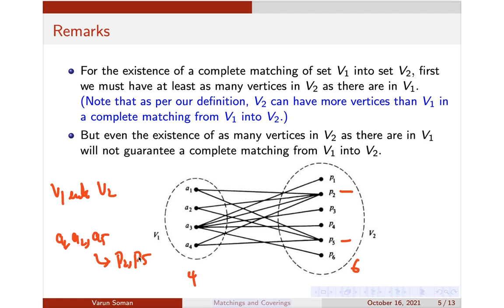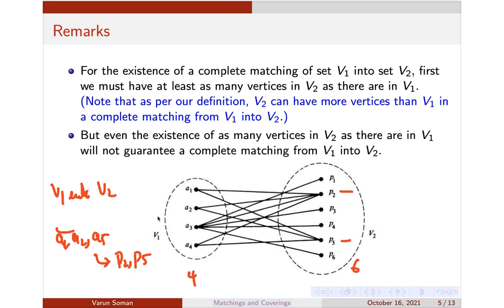You have only 2 options for each of them, and all those options are the same. So these 3 people cannot be assigned completely, because if you give A1 P2 and A2 P5, you can't give anything to A4.